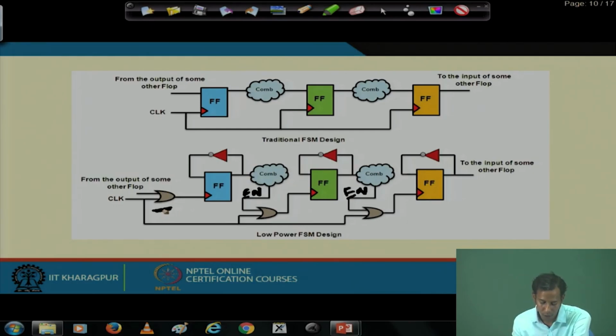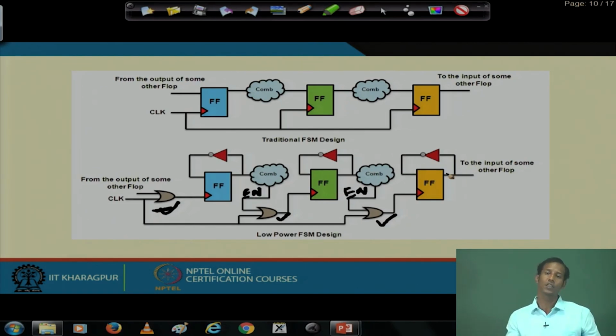So, what we are doing is intentionally putting in some extra hardware in terms of these gates, and whenever we put these gates the corresponding delay will also increase. That means the speed will be reduced by some factor. So, area is increased and speed is decreased, to achieve good performance in terms of power consumption.